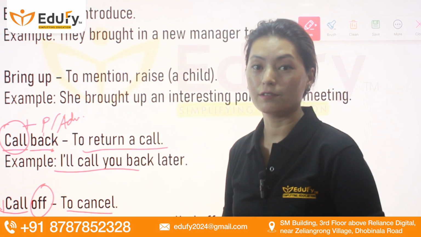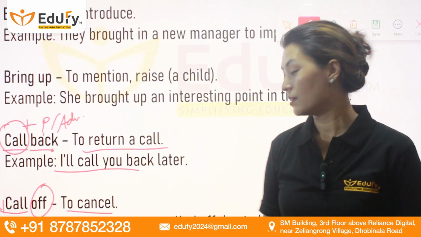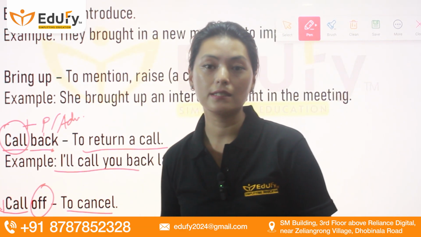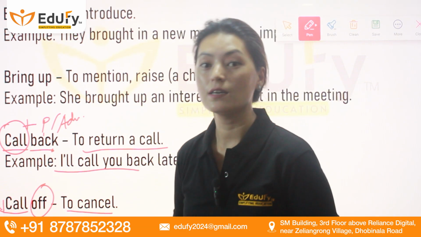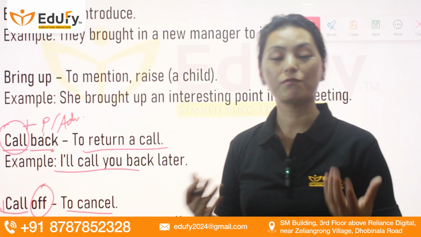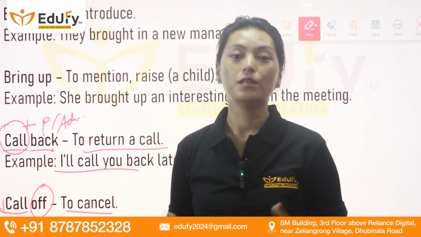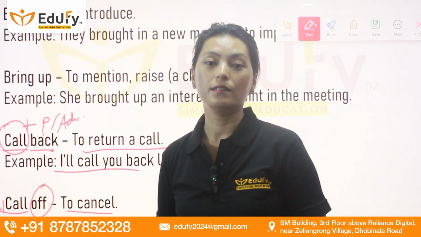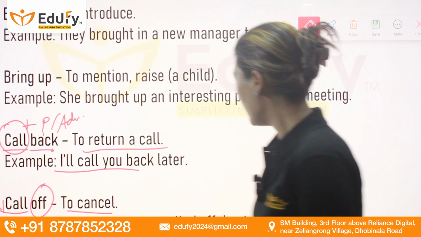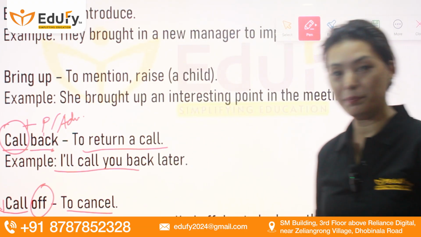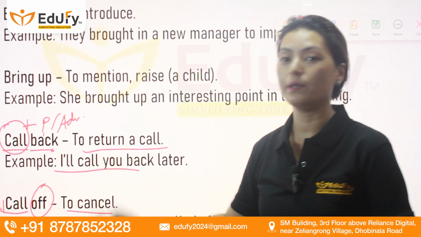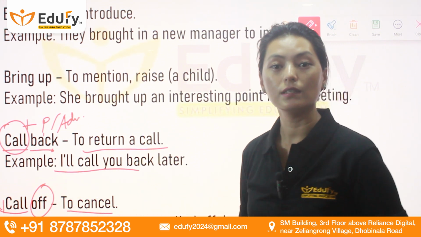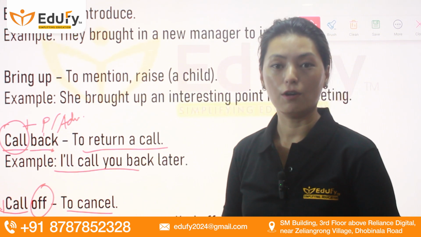So cancelled. The meeting was cancelled. The wedding was cancelled. The birthday was cancelled. What type of phrasal verb will you use? You will use call off. The birthday was called off. The wedding was called off. The meeting was called off due to bad weather. So called off is basically to denote the cancellation of something.